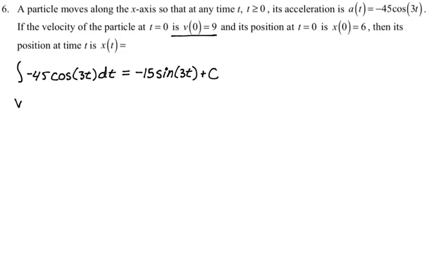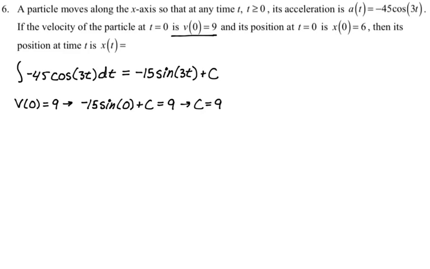So v(0) is 9, so let's solve. So it's going to be negative 15 times the sine of 0, plus c is equal to 9. The sine of 0 is 0, so c is equal to 9. Which means the velocity is negative 15 sine of 3t plus 9.